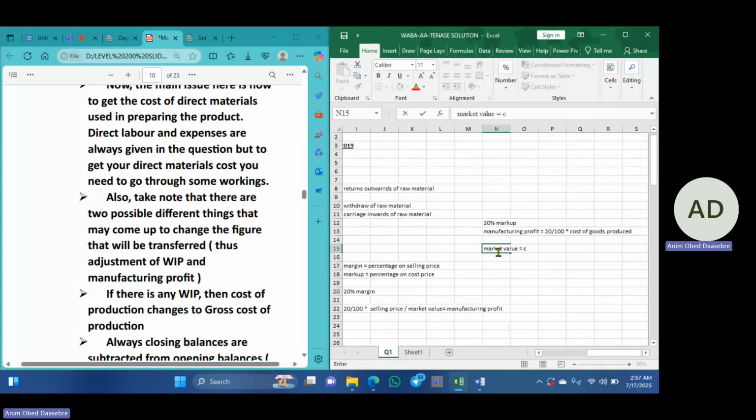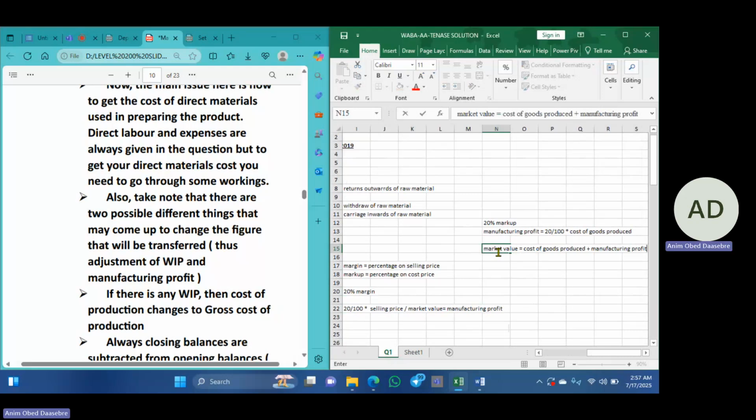You just add your cost of goods produced plus the manufacturing profits.